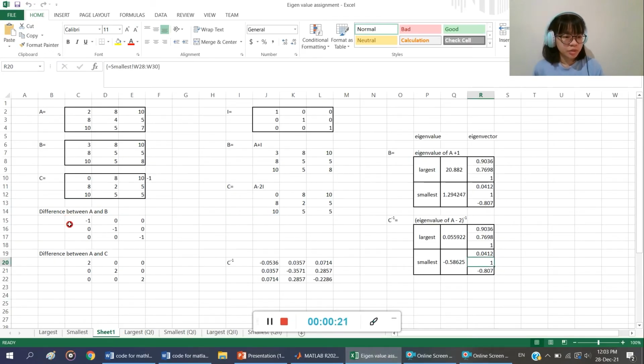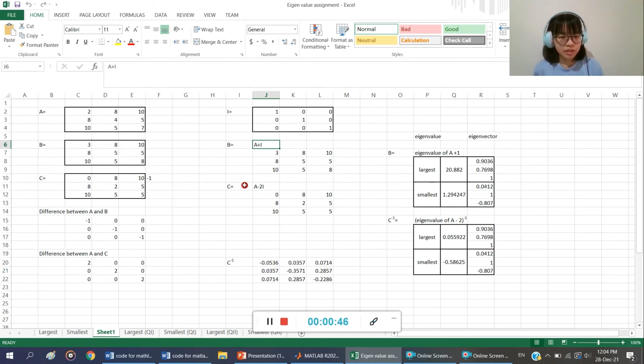Find the difference between A and B and A and C, and I will see that the difference between A and B is one identity matrix, and the difference between A and C is two identity matrix. By rearranging the equation, I will see that matrix B is equal to matrix A plus identity matrix.